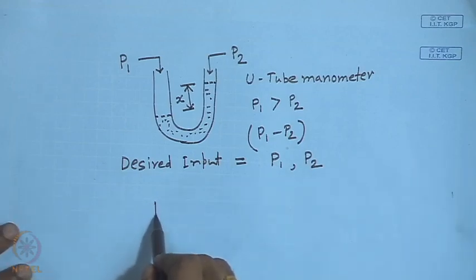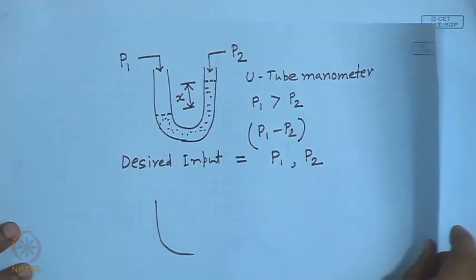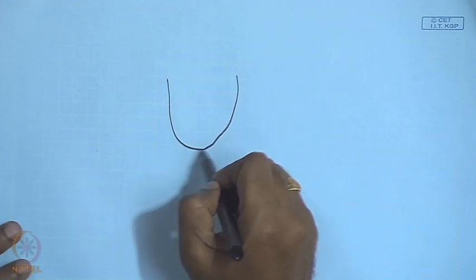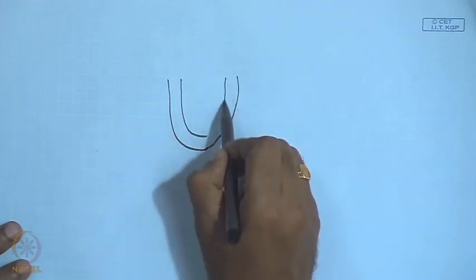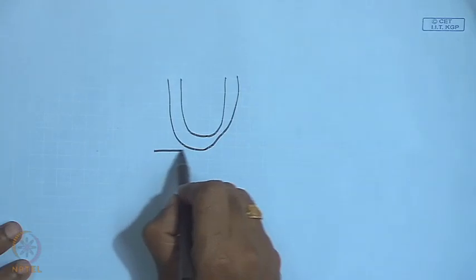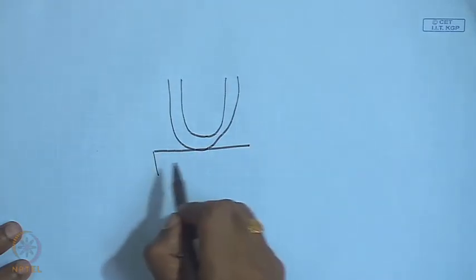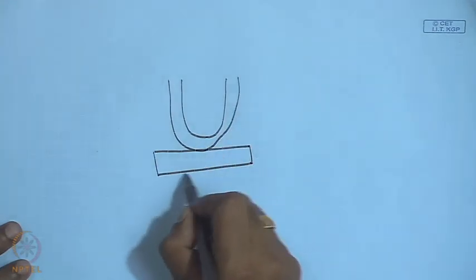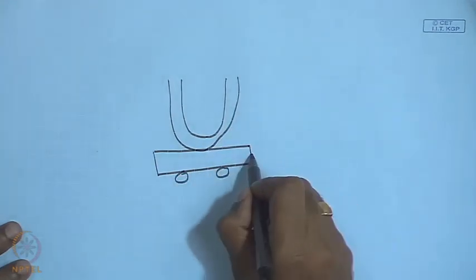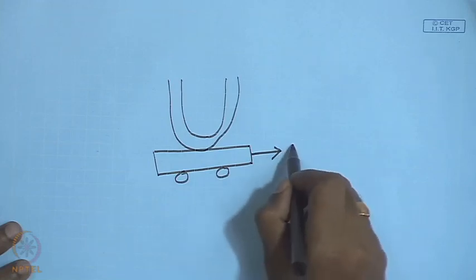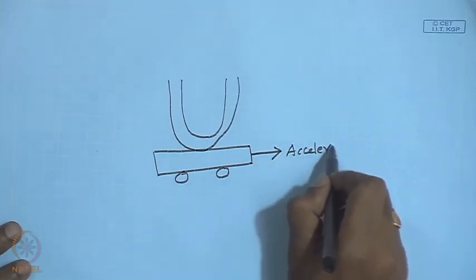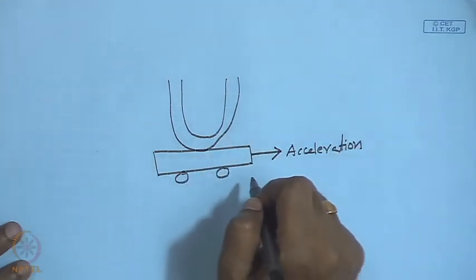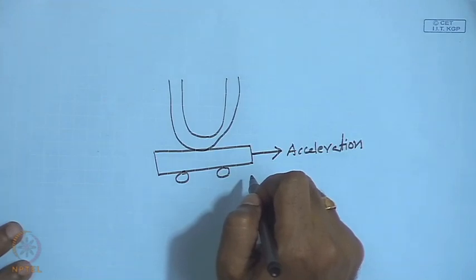So, we have the same U-tube manometer, and we put it on a vehicle that is accelerating.